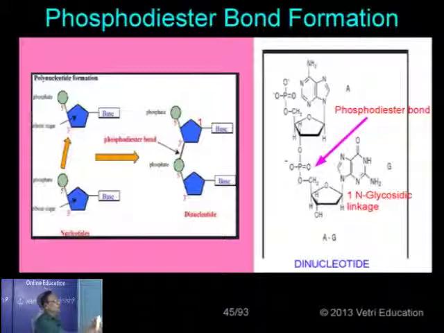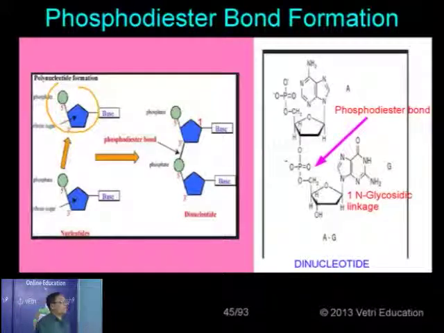Now this is one sugar. This is the fifth carbon atom having the phosphate moiety. And this is the fifth carbon atom. Now this is the third carbon atom. This is the fifth. Now here this is the phosphate linking this third carbon of this one sugar and the fifth carbon of another sugar. As there are, you see that one, two ester linkages. This is called phosphodiester linkage.